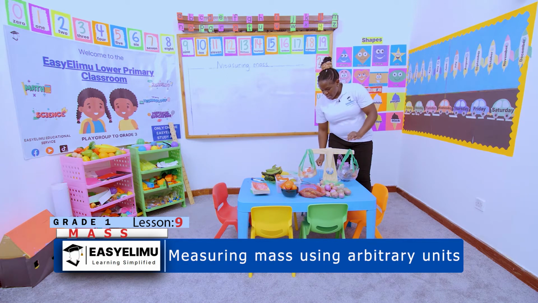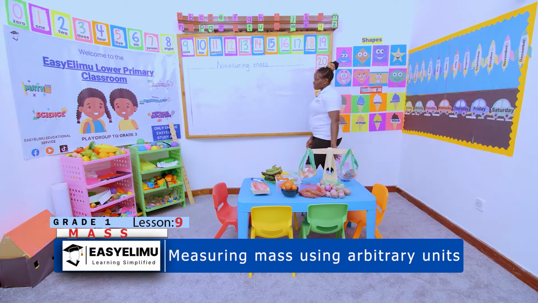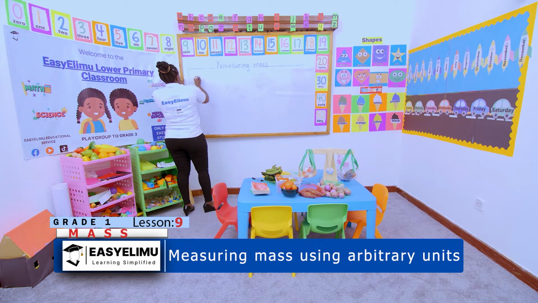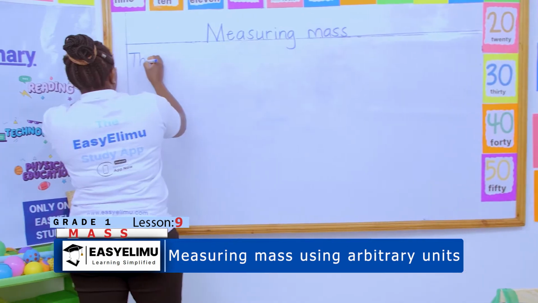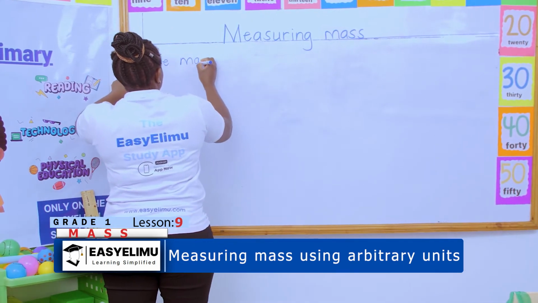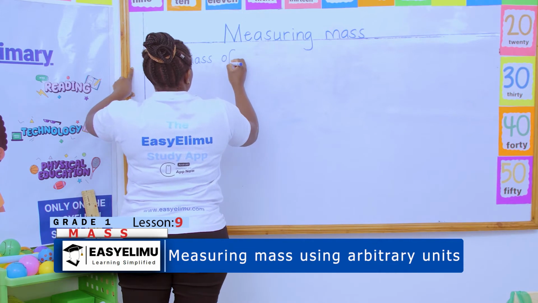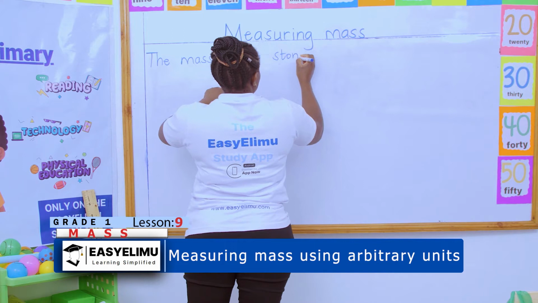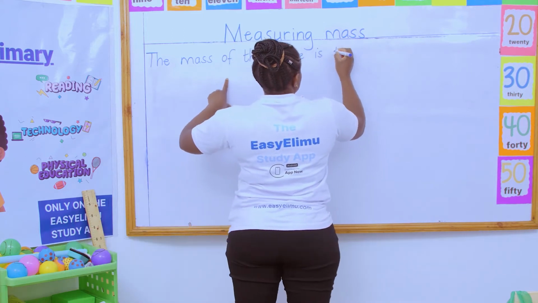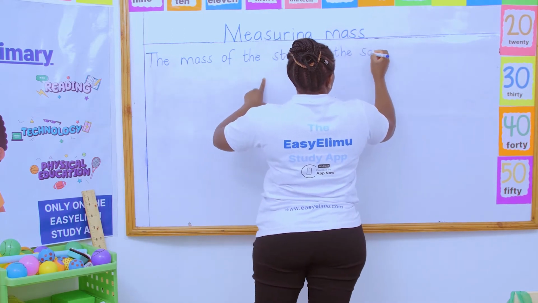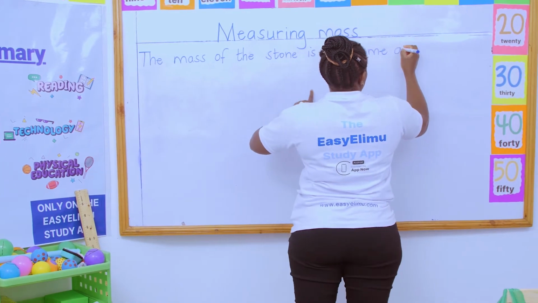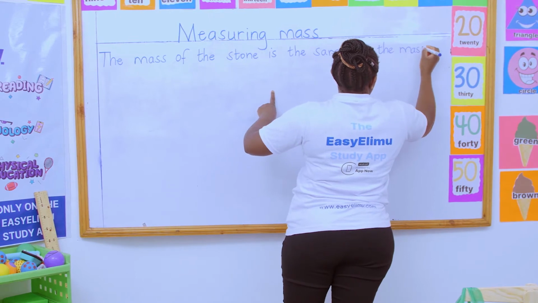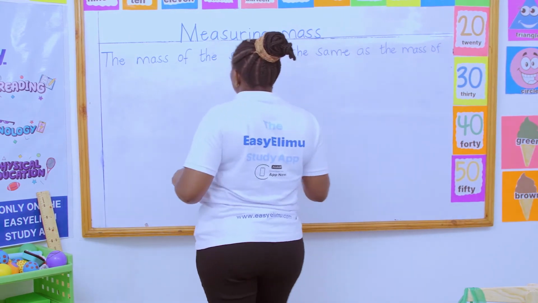So if you ask the mass of the stone, what is the mass of the stone in relation to the glue sticks? We are saying the mass of the stone is the same as the mass of how many glue sticks?